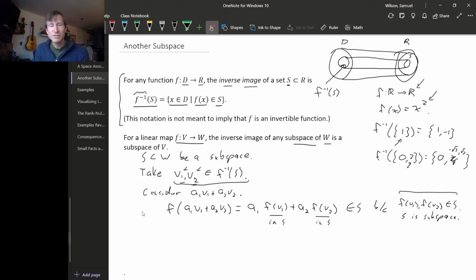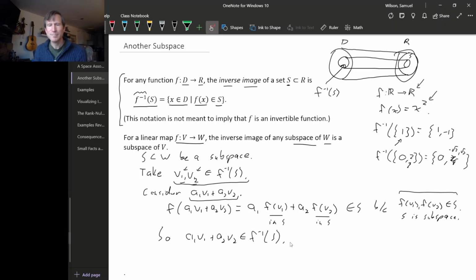So what we've shown is that if you take this linear combination of the v's, you hit it with f, you end up in S. But that means that a1 v1 plus a2 v2 is in the inverse image of S.